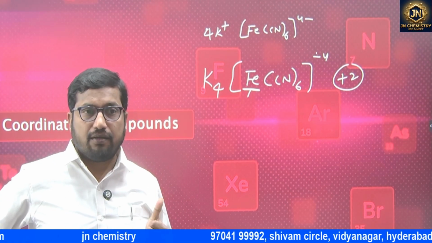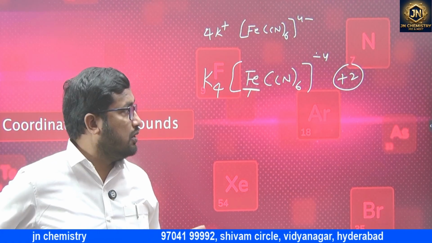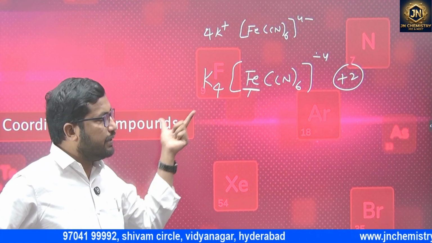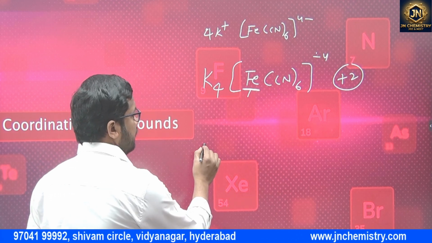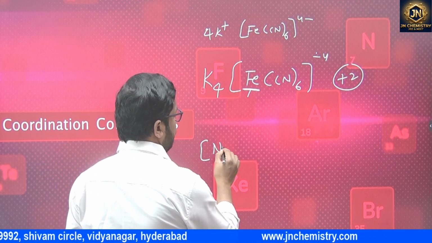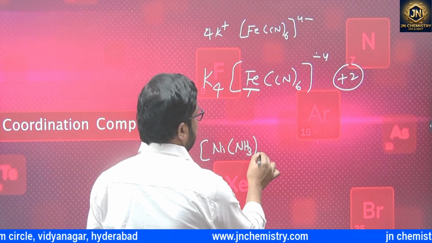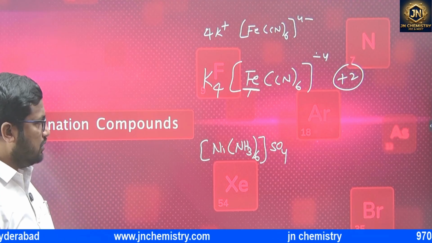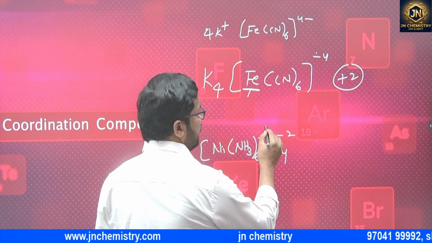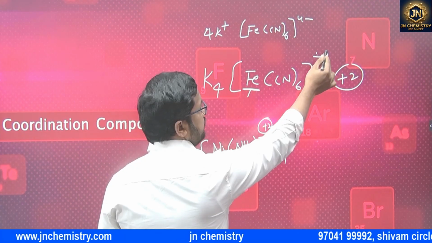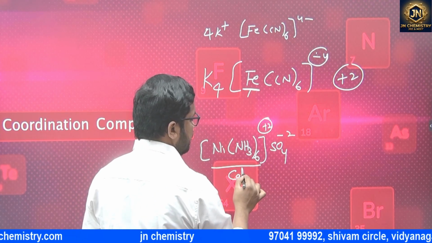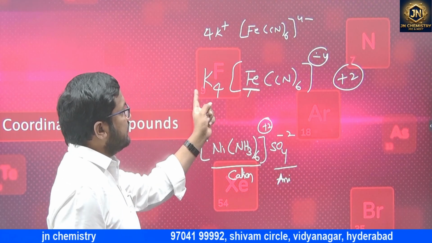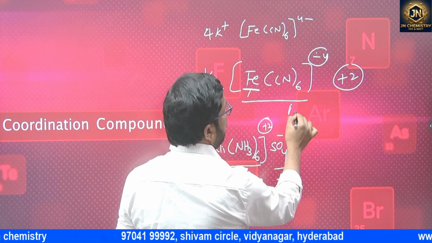Sometimes the complex acts as an anion, sometimes as a cation, and sometimes it is neutral. For example, [Ni(NH3)6]SO4: SO4 is 2 minus and the nickel complex is plus 2. So in this case the complex acts as a cation and SO4 is the anion.